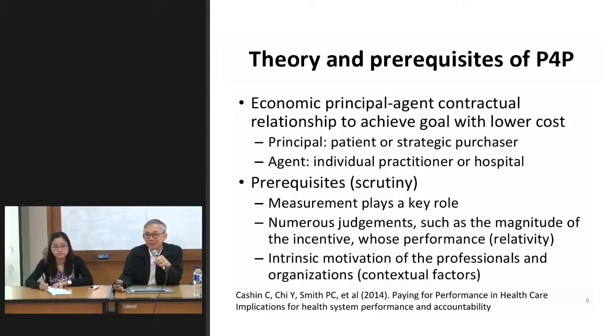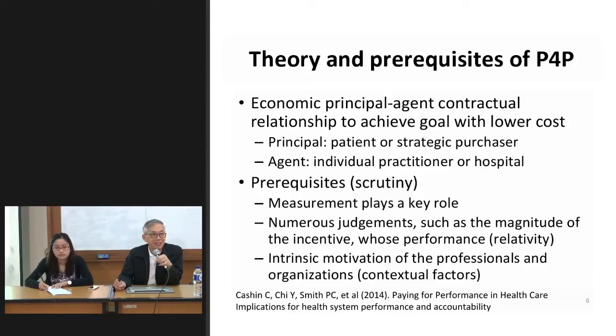That means that kind of mechanism of P4P, there should be some intervention. So the intervention, we can interpret it as cost. So the principal puts intervention to the agent, and the agent produces the product.